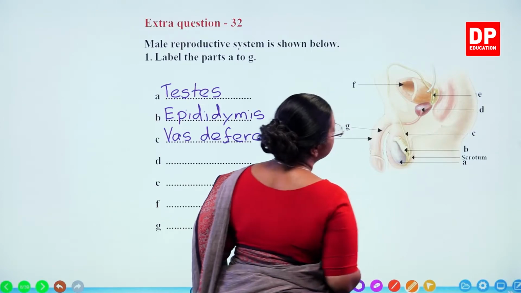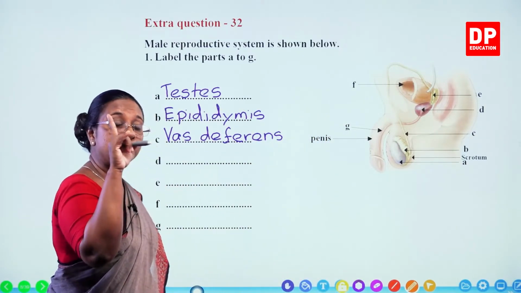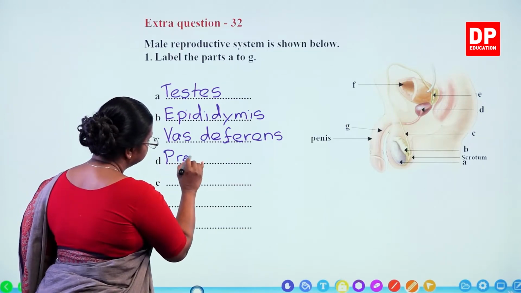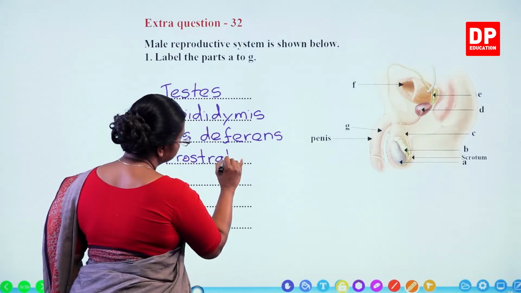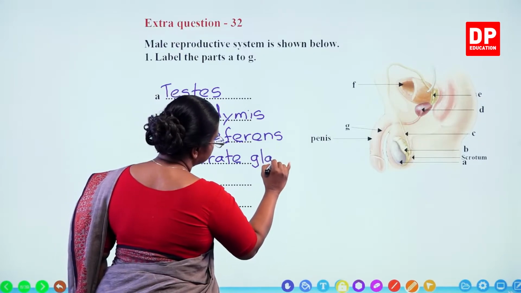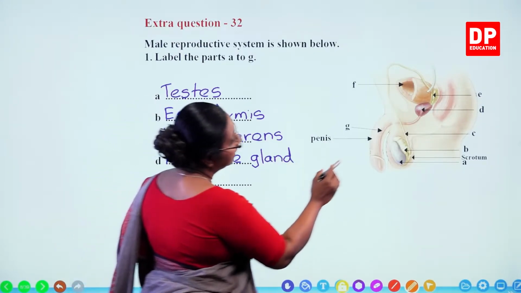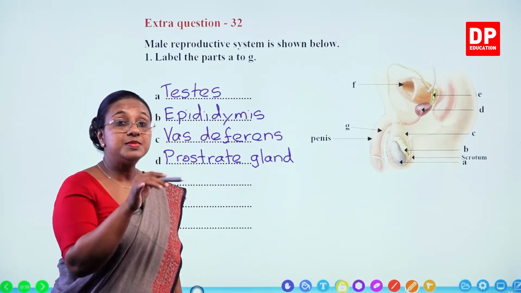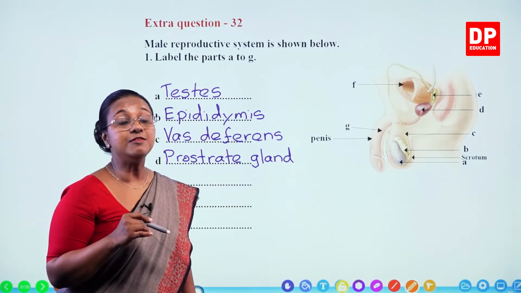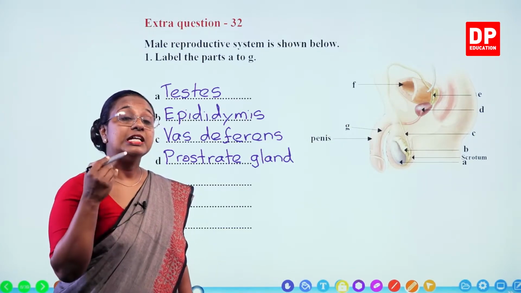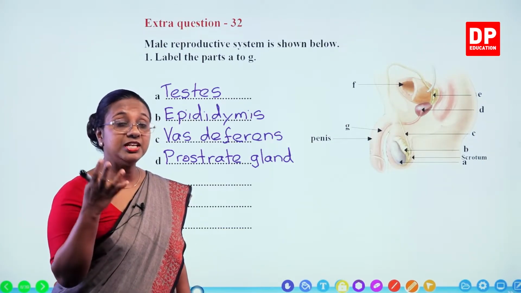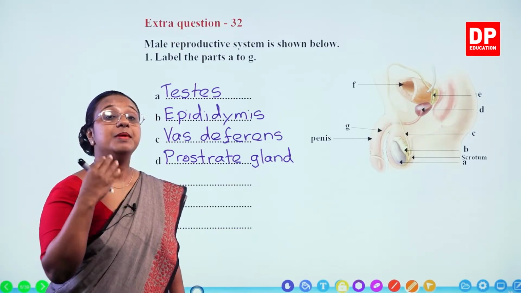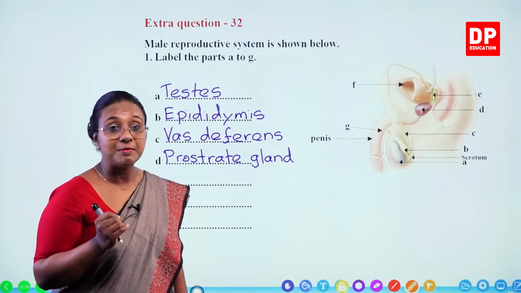What is this? It is the prostate gland. There is only one prostate gland. Then we have E. What is E? The sperms are taken into the seminal vesicle. The secretions of the prostate gland, Cowper's gland and the seminal vesicle together become the semen or the seminal fluid.